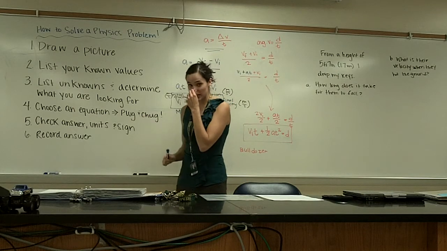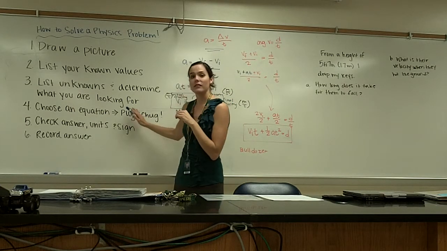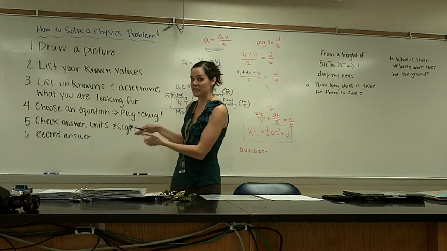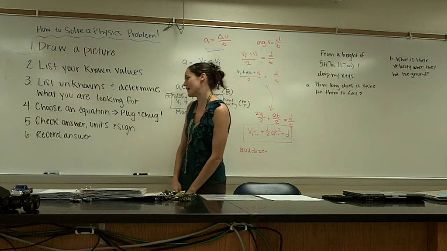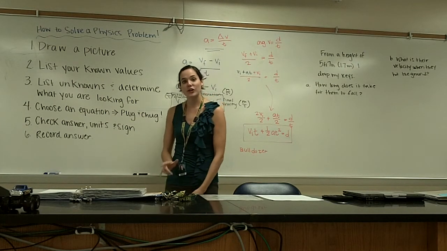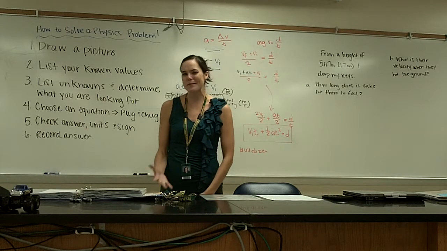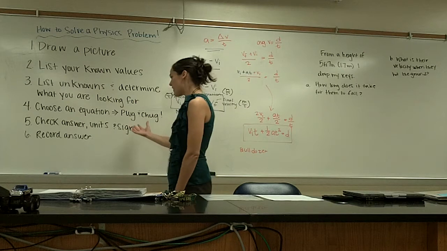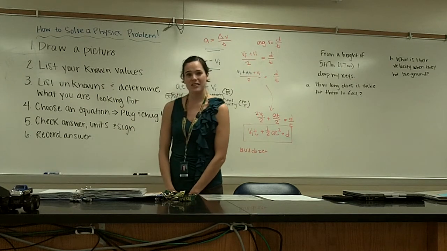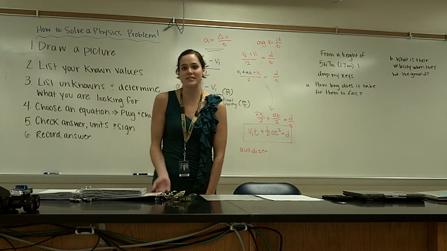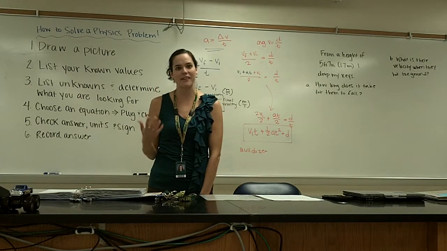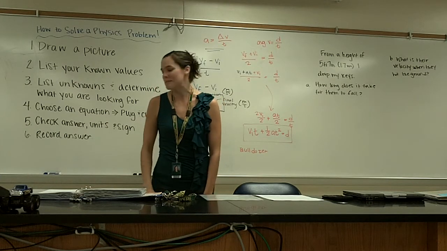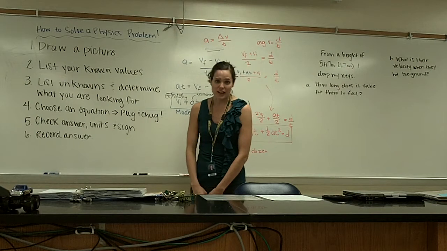Then, once you've chosen an equation, plug in your known values and figure out what your unknown value is. Check your answer, your units, and your sign. You want to make sure that your answer makes sense, and also that your sign makes sense. That if it's got a positive velocity, it's moving up. If it's got a negative velocity, it's moving down. And finally, record your answer.